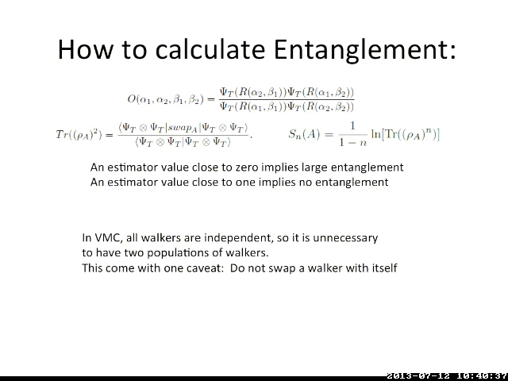So the way this generally works is if you start evaluating configurations and you get a lot of values that are close to 1, you're going to have a very unentangled system. But if you get values that are close to 0, then you have a very entangled system. This also comes up in terms of the fluctuations. It's not just the wave function.